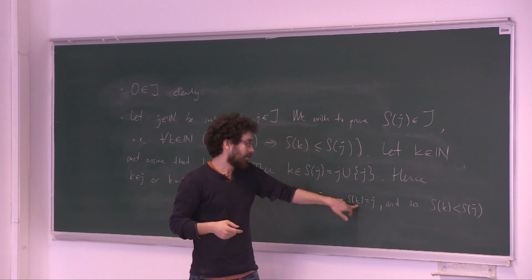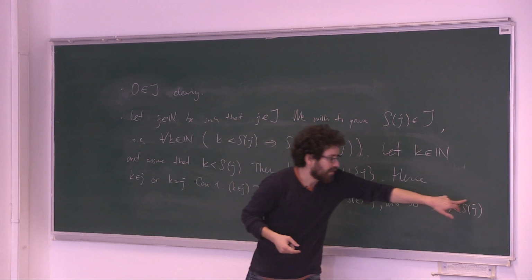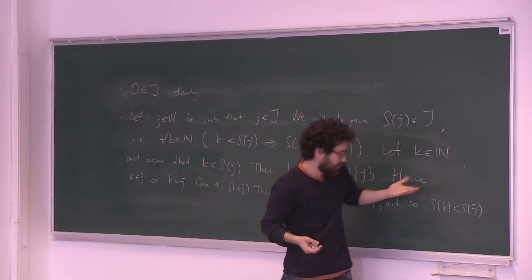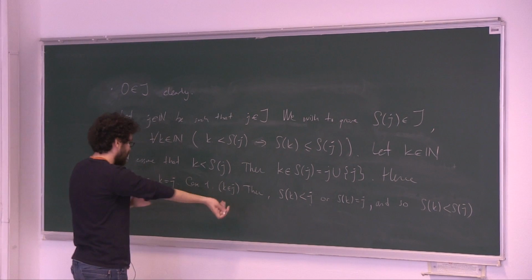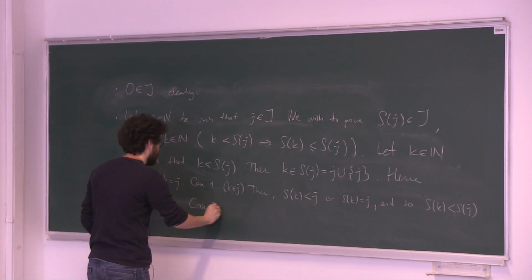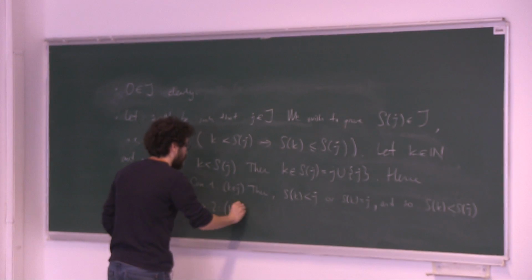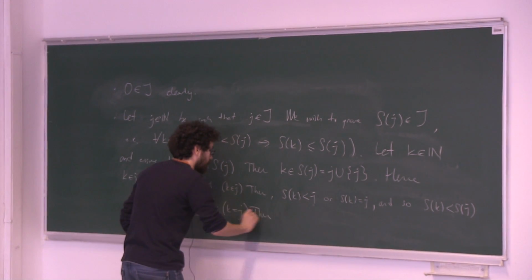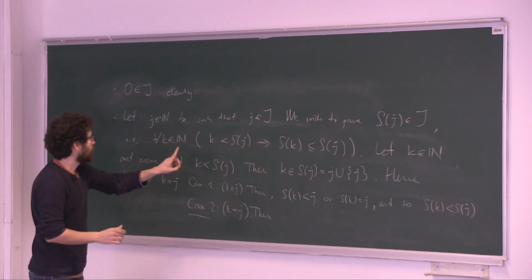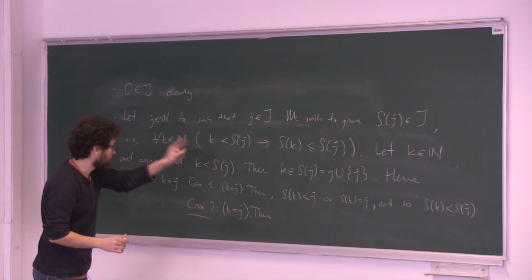Let's say we are in this case. Well, J is a member of S of J. Therefore, J is a member of S of J. So if we're in this case, then that's fine. If we are in the second case, K equals J, good.